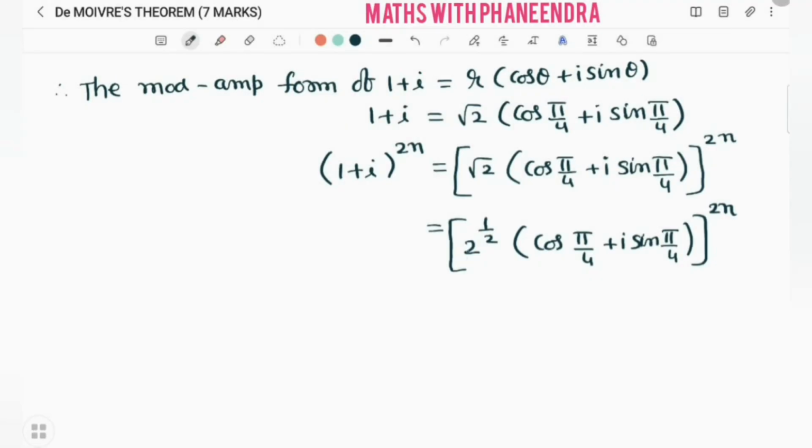See, 2 power 1 by 2 into cos pi by 4 plus i sin pi by 4. Apply the power. AB whole power m means A power m into B power m. 2 power 1 by 2 whole power 2n. By using de Moivre's theorem here.